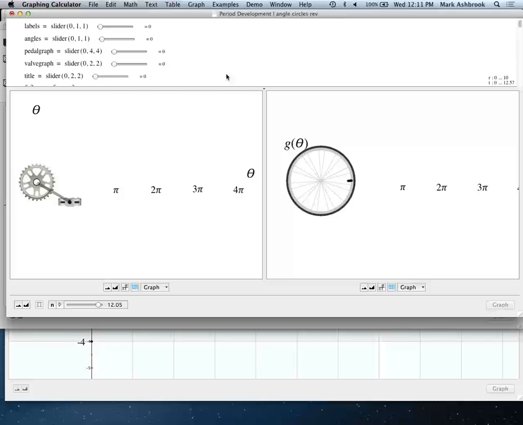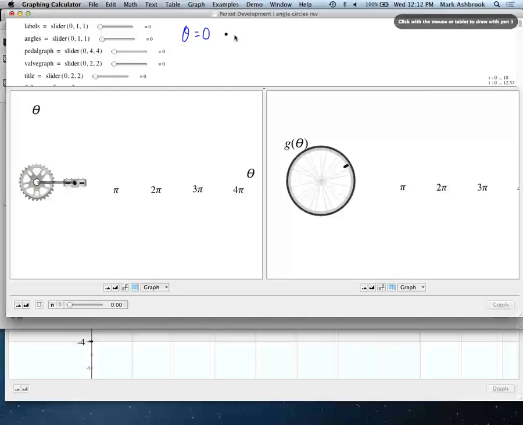Okay, so now we want, when the pedal angle is 0, that means the tire valve angle, G of theta, equals pi over 6.